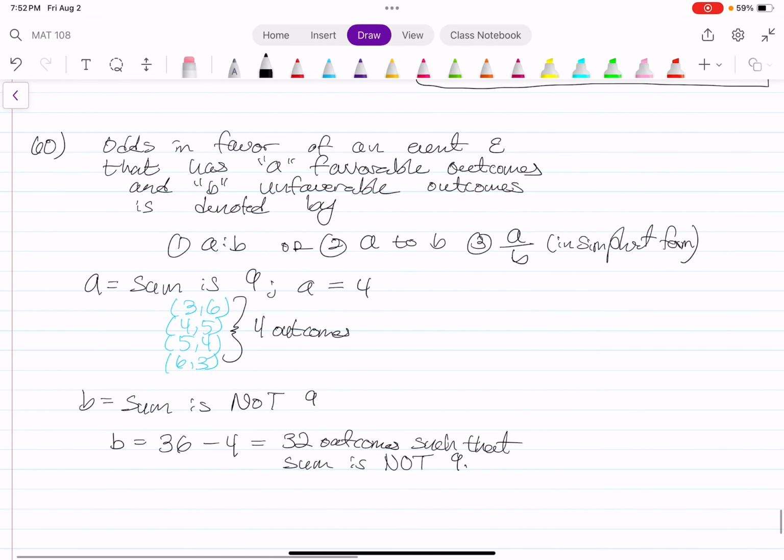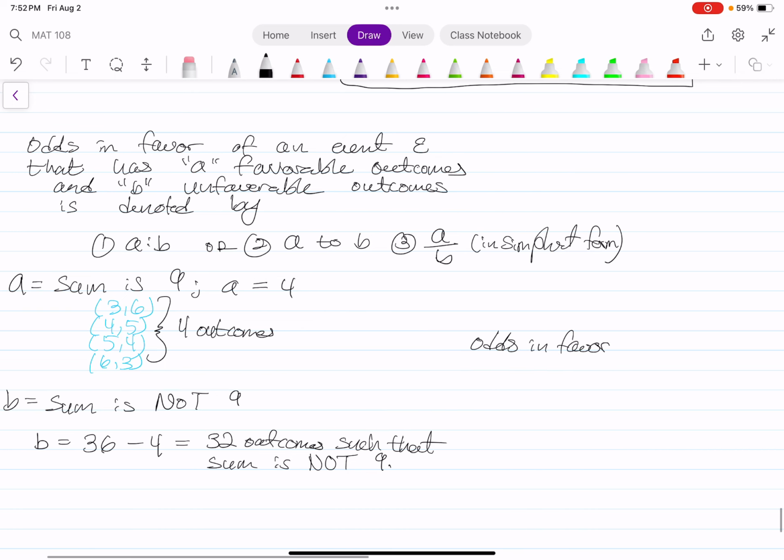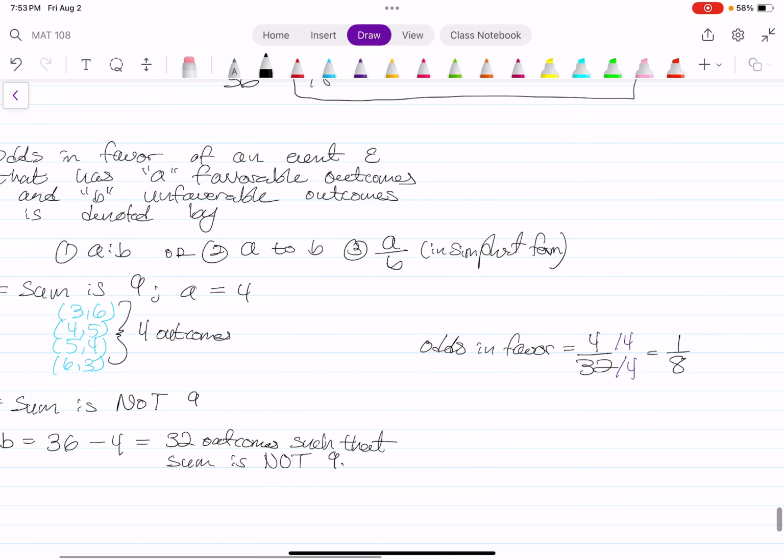So we can now write our ratio. To find the odds in favor, that is going to equal, I'm going to use the third representation, 4 over 32. And I'm going to simplify that because both numbers are divisible by 4. So divide 4 from the numerator. Divide 4 from your denominator. That is going to equal 1 over 8. But this is the ratio of 1 to 8.